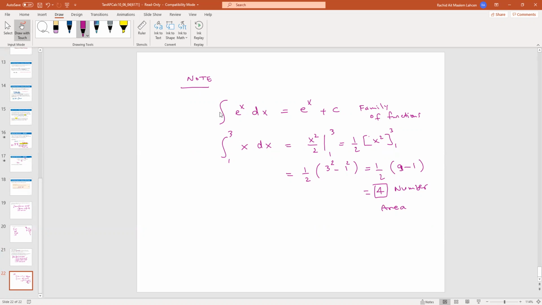Just here, you're coming up with a family of functions as your final answer, unless it's an initial value problem or you have an initial condition or some other information to get rid of C. But if that's not the case, if you have a definite integral, then you definitely come up with a number and not a family of functions. Thank you.